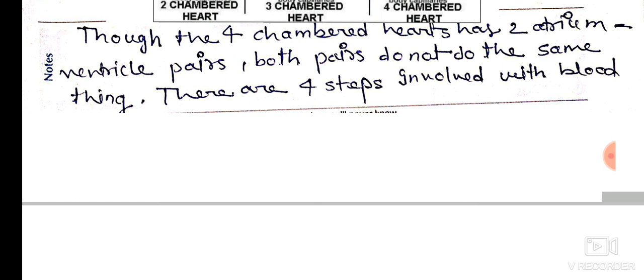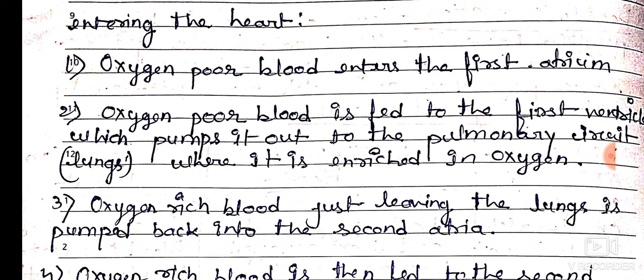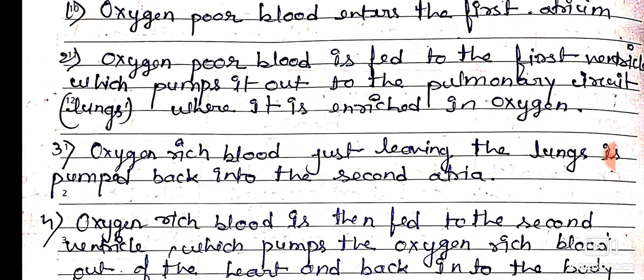Though the 4 chamber heart has 2 atrium-ventricle pairs, both pairs do not do the same thing. मतलब जितने भी पेयर होते हैं एक जैसा काम नहीं करते हैं. There are 4 steps involved with blood entering the heart. पहला है जो oxygen poor blood enters the first atrium.